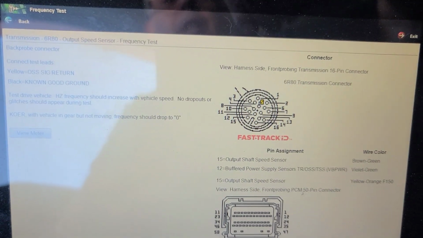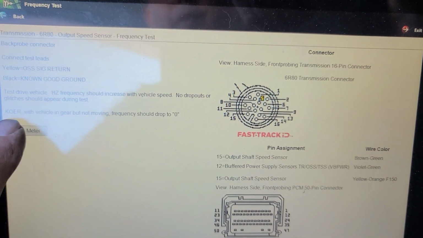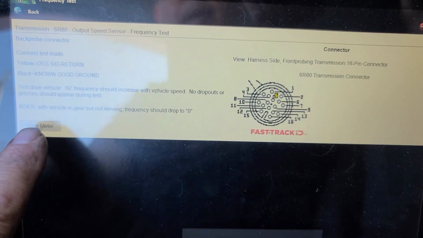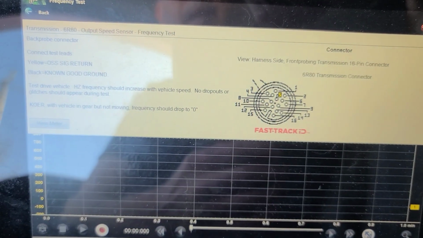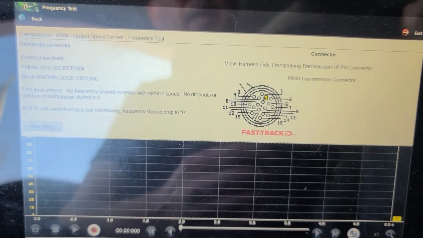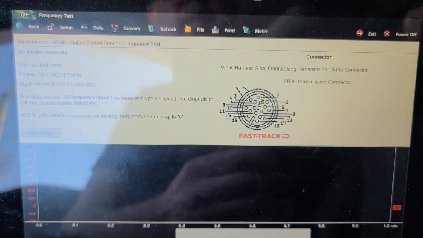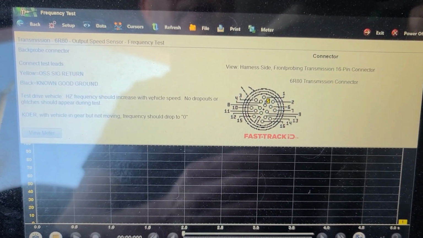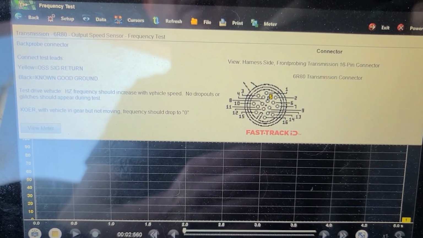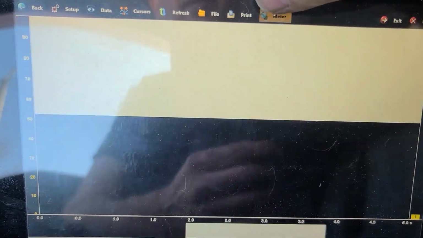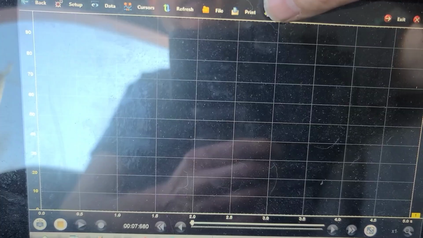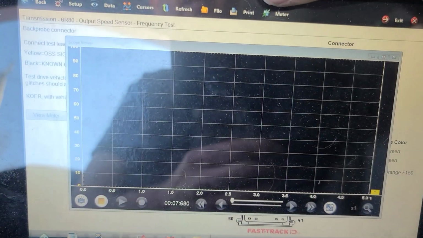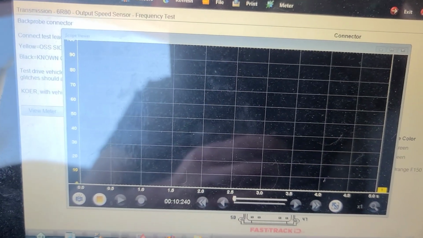You have to go into the component test and view meter. Once it loads the meter, we can get rid of this screen and get a floating screen on there, so I'm going to get it set up.